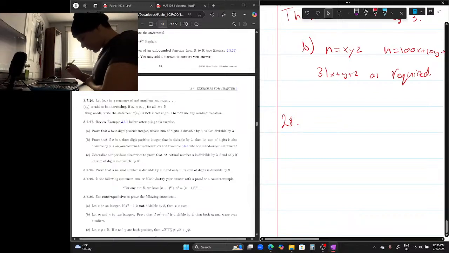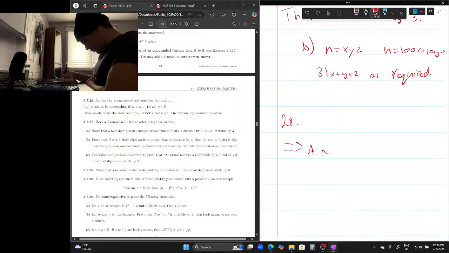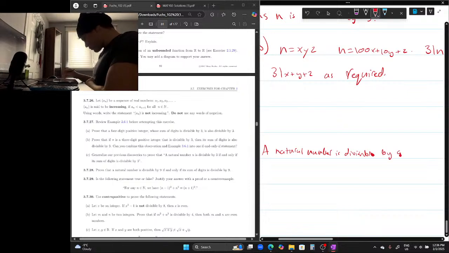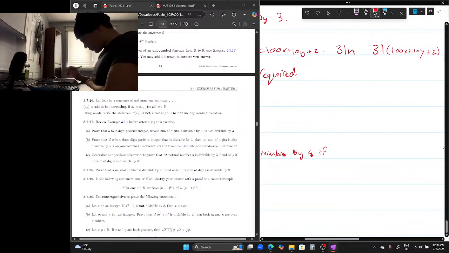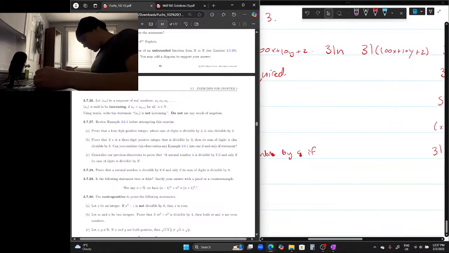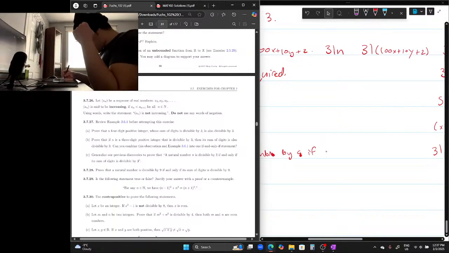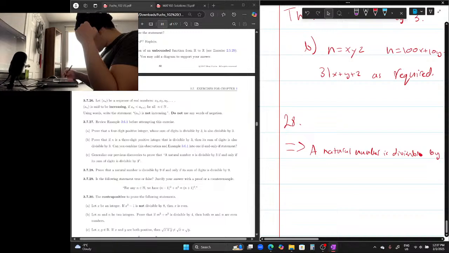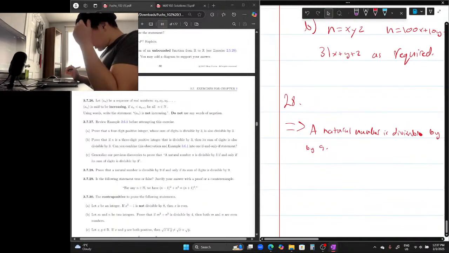So a natural number is divisible by 9 if its sum of digits is divisible by 9.